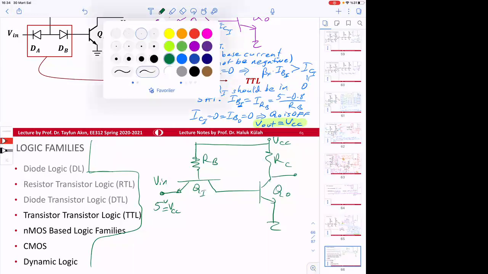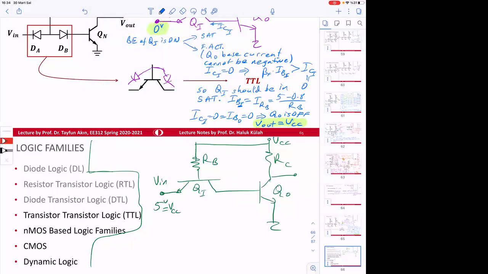So here we can look at again this junction and check if this junction can be turned on. So this should be off, right? Base emitter of QI should be off when Vin is equal to 5 volts.